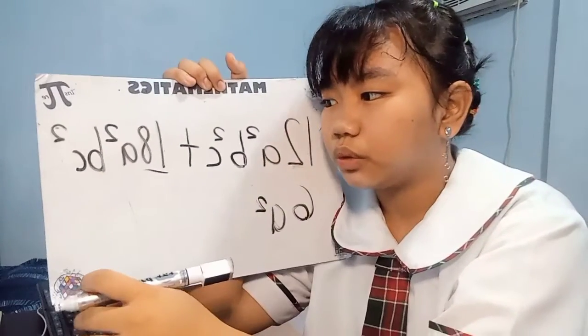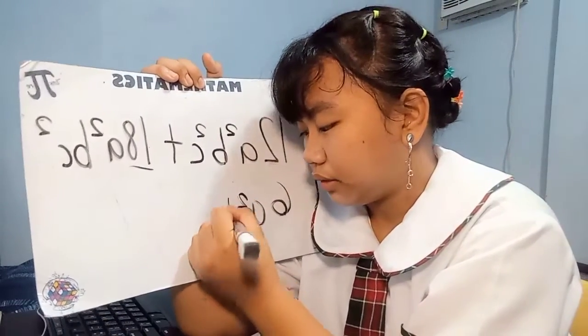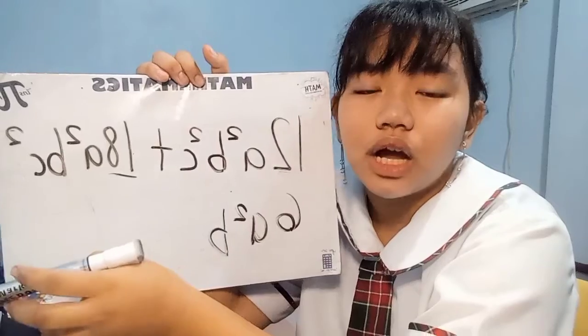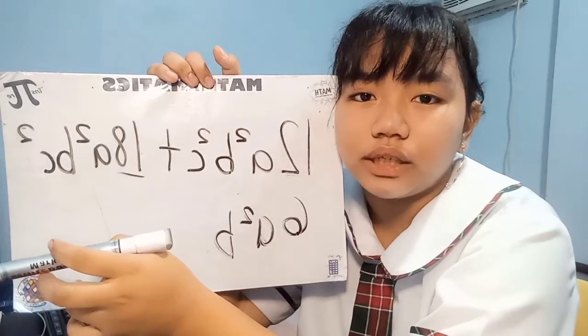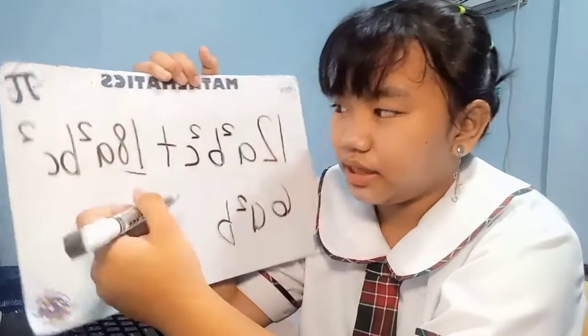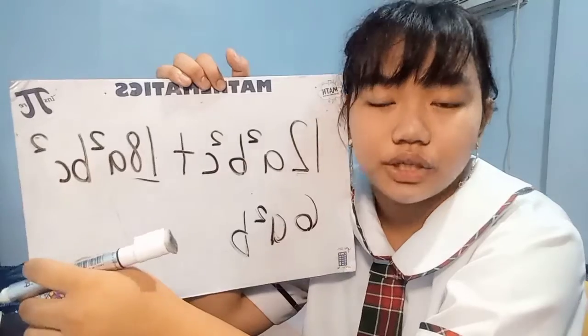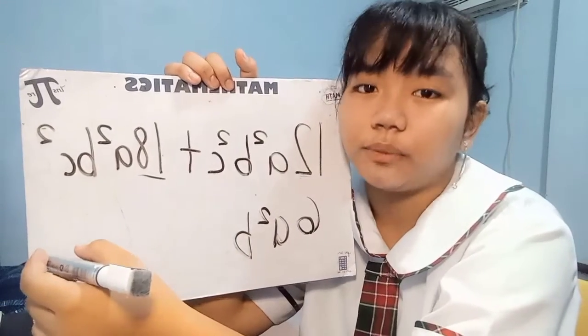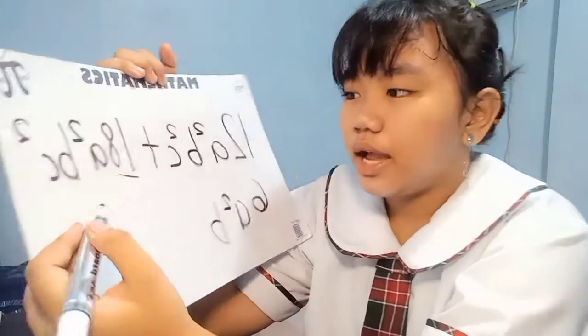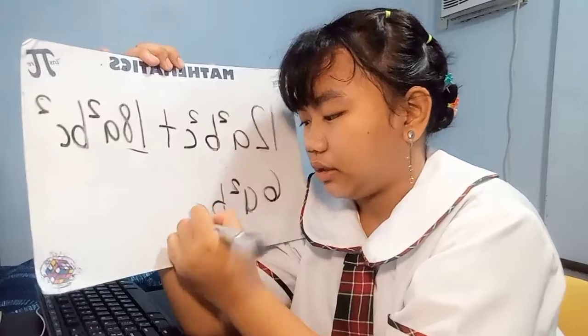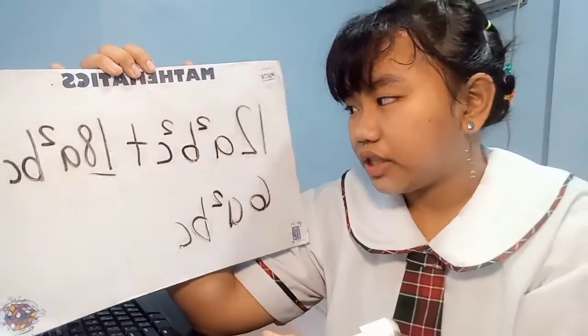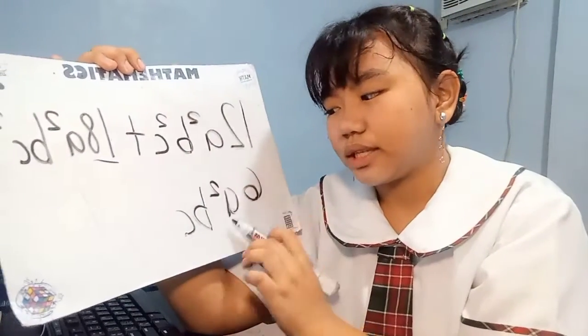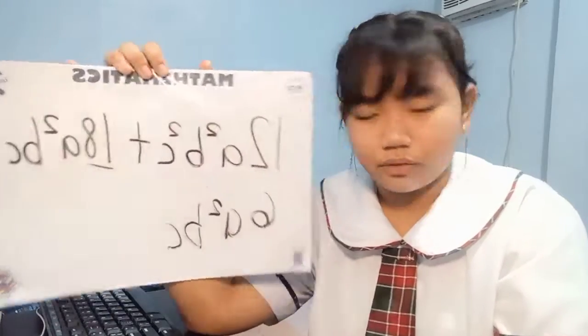So we're going to write b lang. We're going to get the variable who has the lowest exponent, and that is b. It has an imaginary exponent of 1, and the letter c. Our GCF of these terms is 6a squared bc. So, hindi pa tapos, meron pa.